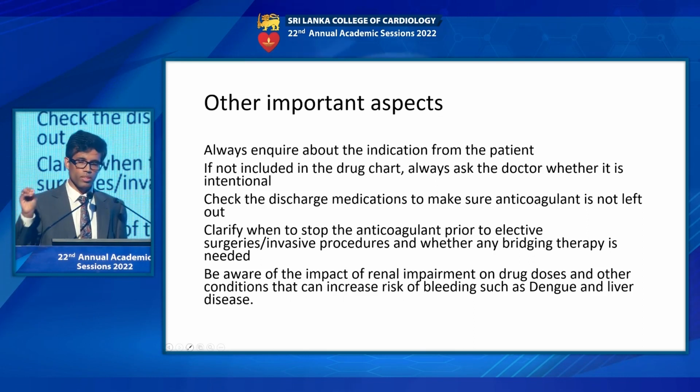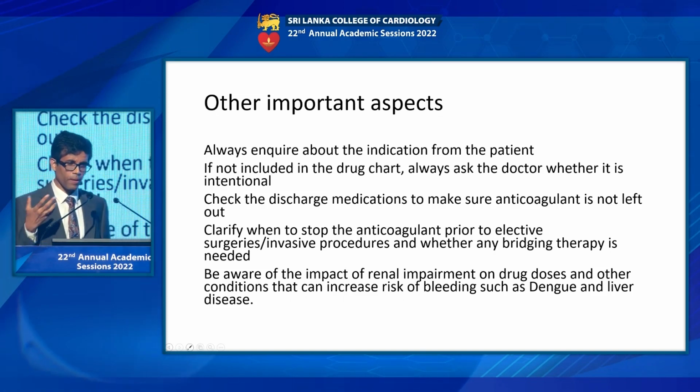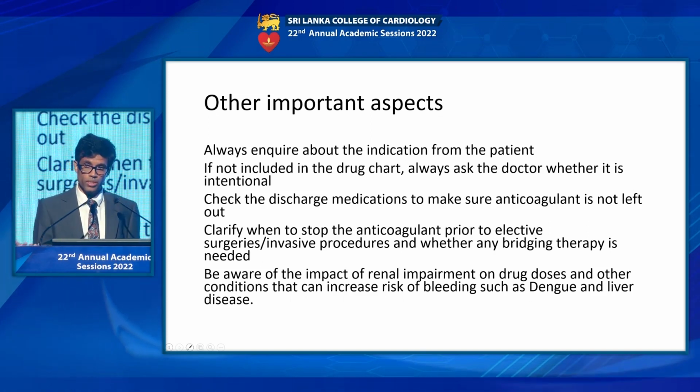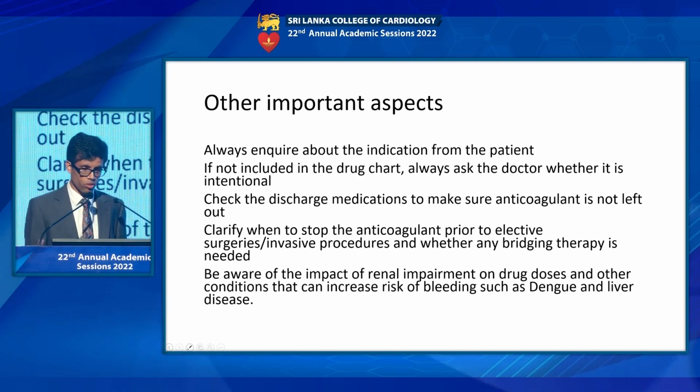Whenever you come across a healthcare professional, mention this very clearly. So if someone is admitted, I think it's everyone's job to find out what it is due to and what the therapeutic range is. And if it's not included in the drug chart, find out, was this intentional? So always clarify with the doctors, or was it a mistake? So we can reinstate safely.